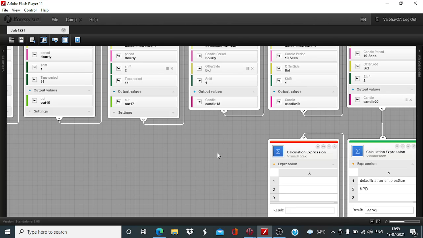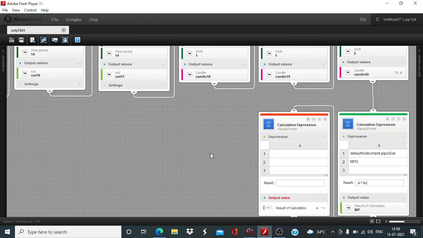So we have to deduct its opening price from the closing price.